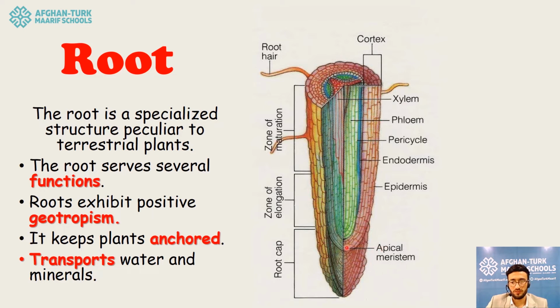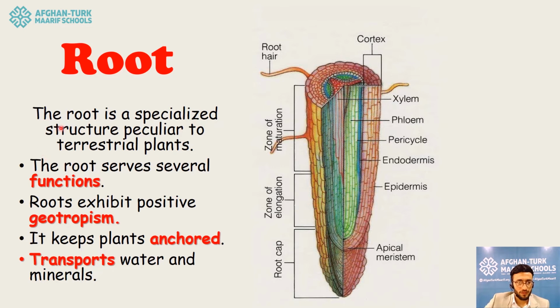The apical meristem is the cell division part of the root cap, which repeatedly produces new cells that will help the root cap and also the entire root to absorb more materials. Also, the epidermis and endodermis are layers that protect the inside structures of the root.